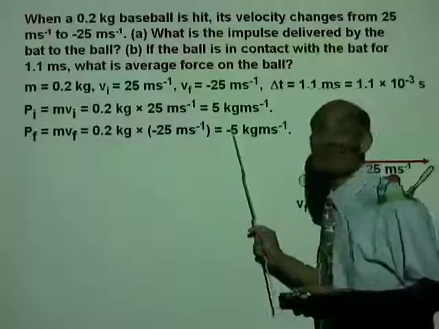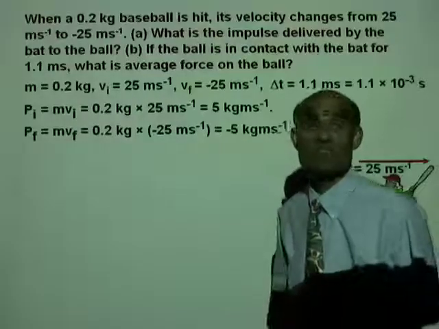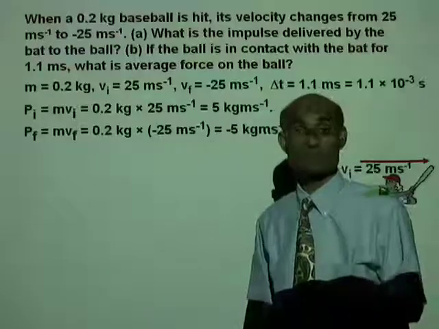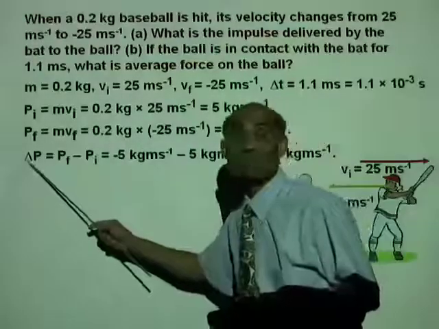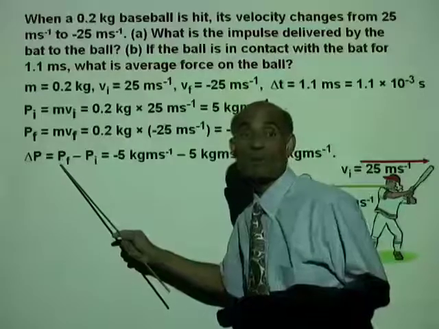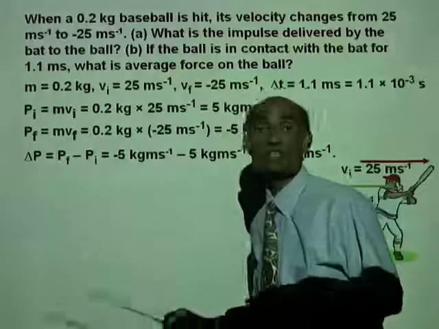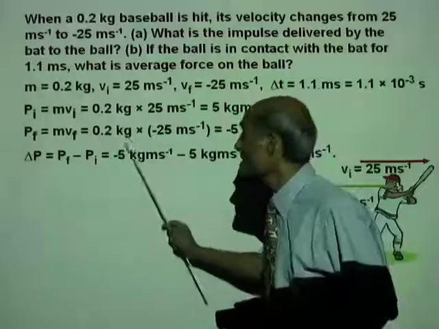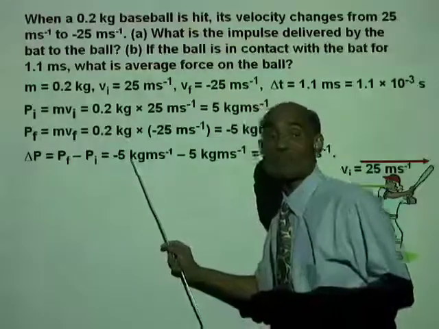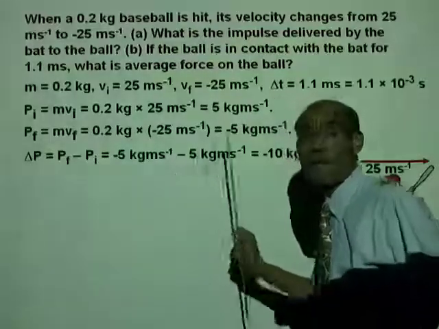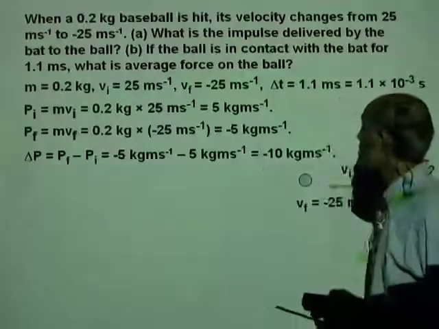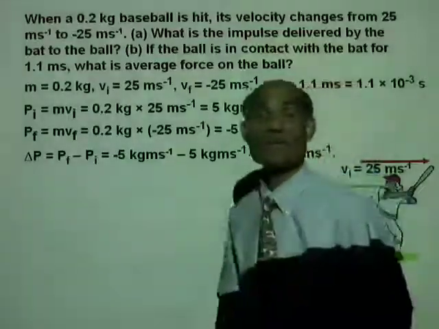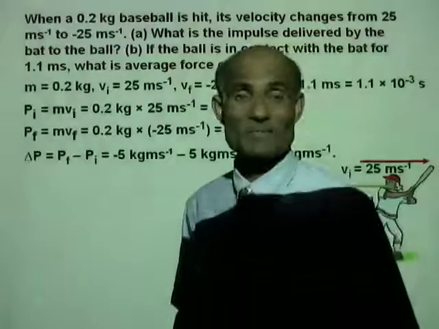Therefore, the final momentum is negative 5 kilogram meter per second. What is the change in momentum? Delta P is the final momentum minus the initial momentum, that is negative 5 kilogram meter per second minus 5 kilogram meter per second, that is negative 10 kilogram meter per second.